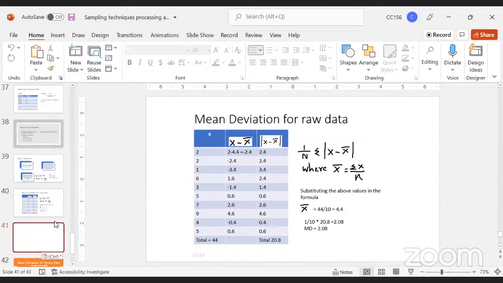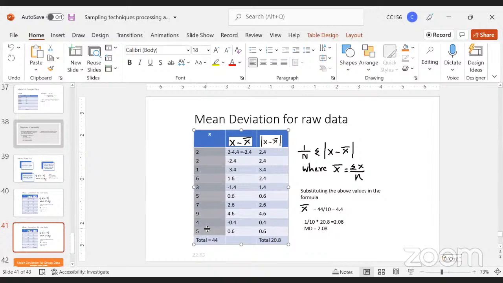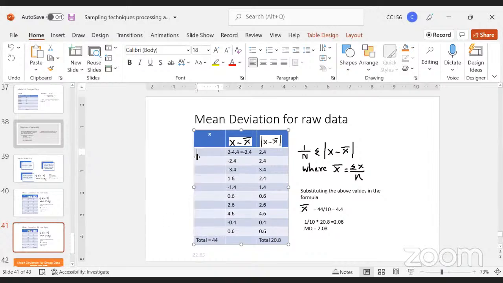Now the scores. I'll take only 5 scores to make it very quick. 12 has been given. Then 2, 6, 8, and one last score, 9.